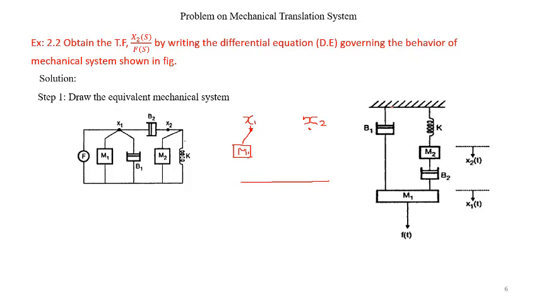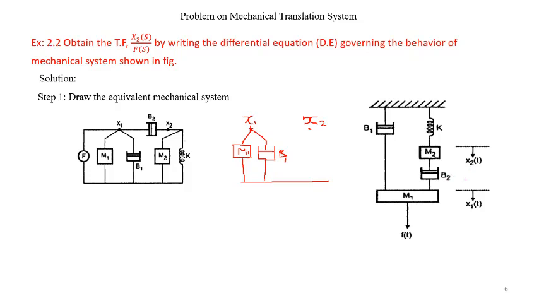And between displacement and reference we have another element, that is the damper. It is damper B1, and these are connected to the reference, that is ground.